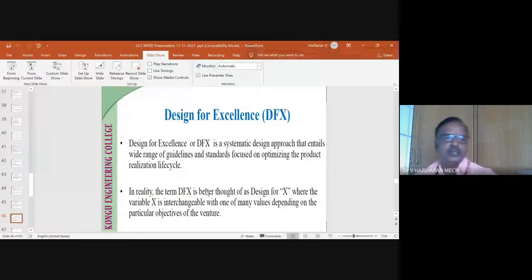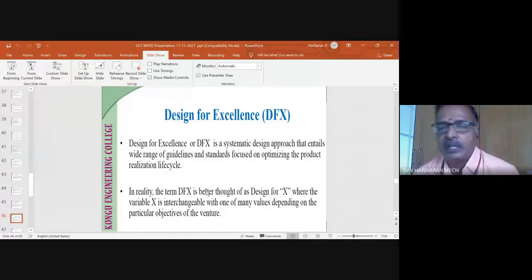Then here is one of the very important things: design for excellence, DFX. X, you can put any number, anywhere. Design for excellence, or DFX, is a systematic design approach that entails a wide range of guidelines and standards focused on optimizing the product realization life cycle.